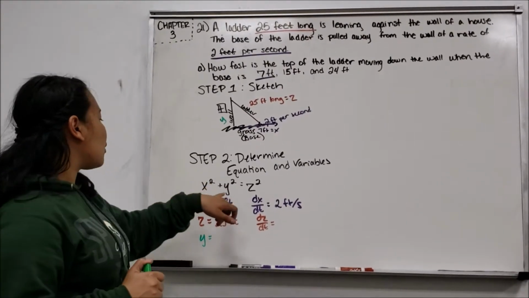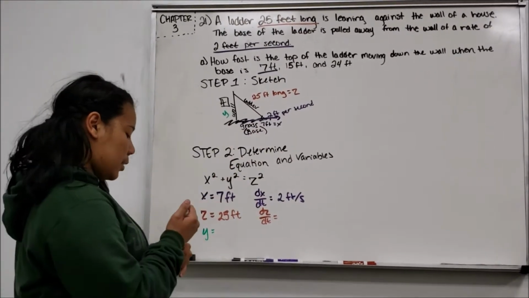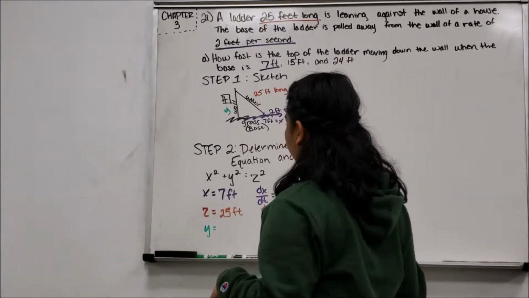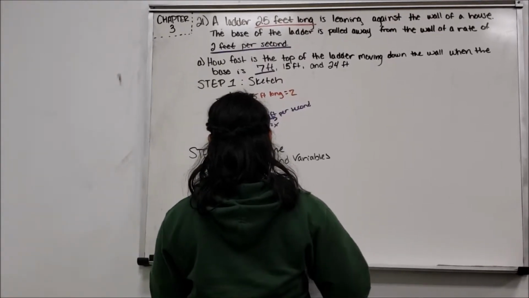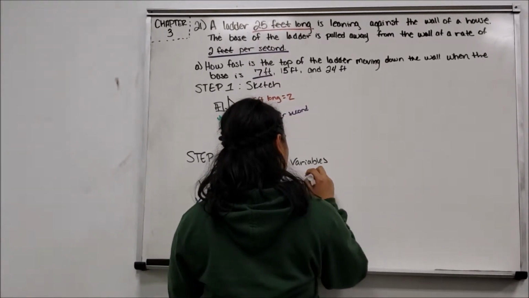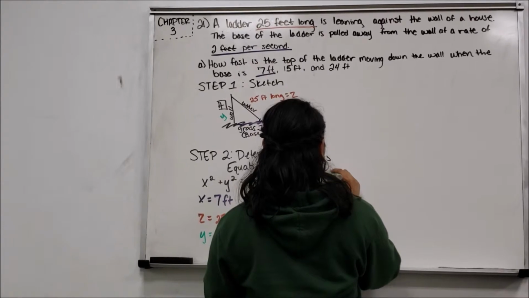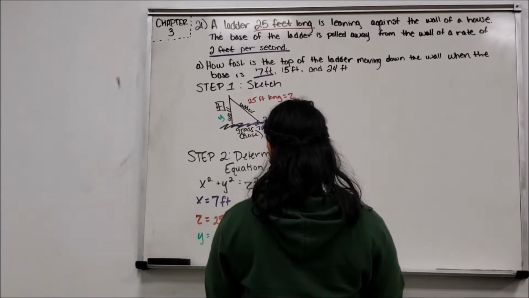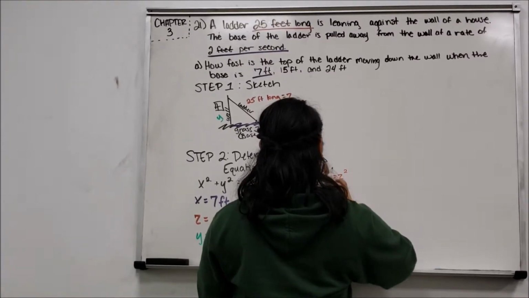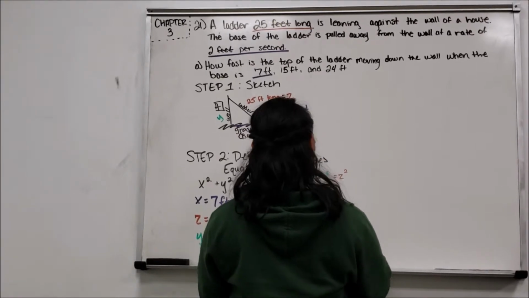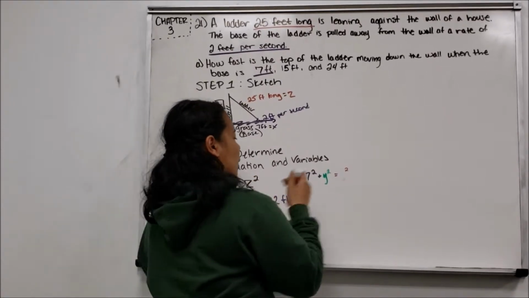which is going to have to be solved by plugging in our x here and our z here to determine what our y is. So we'll do that over here a little bit. I'm going to say that 7 squared plus y squared equals z squared. So, z is 25, so we're going to put 25 squared.